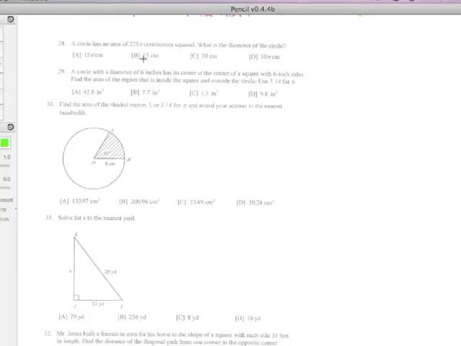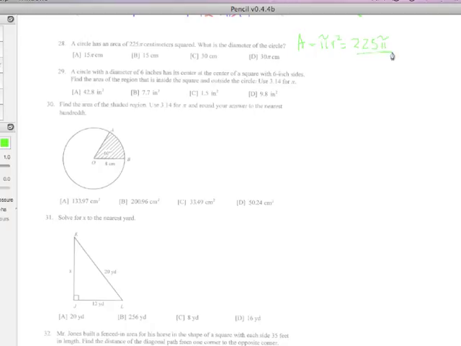So number 28, a circle has an area of 225 pi centimeters squared. What's the diameter? So one of the tools in your toolkit is that the area of the circle is equal to pi r squared, and you know that that is 225 pi.